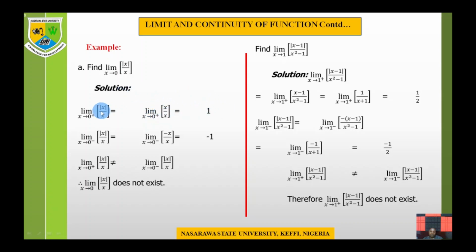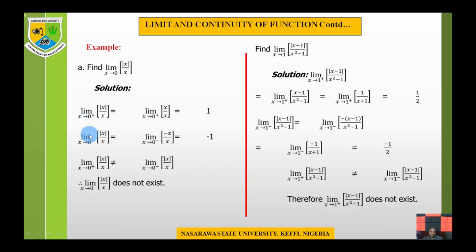That means if x is approaching 0 from the right, the absolute value of x is what? x. So we have x over x, which is equal to 1. So if you take the limit of that as x approaches 0 from the right, you are going to have your limit as what? 1.